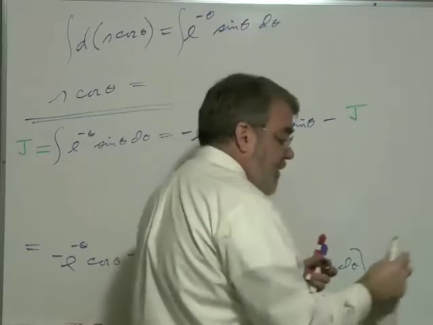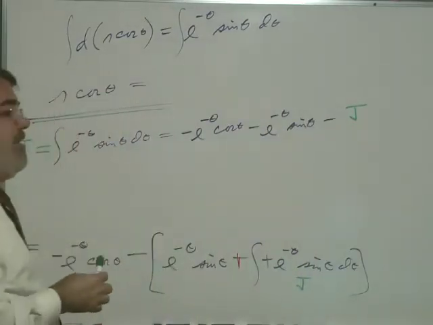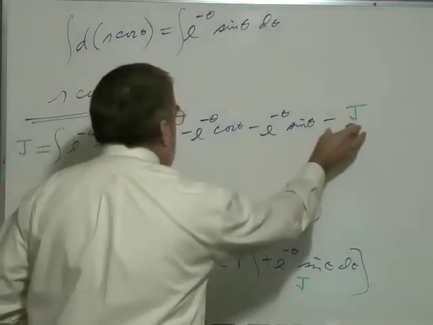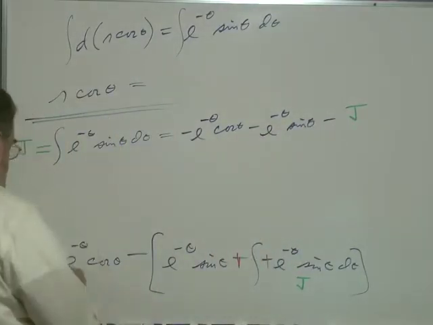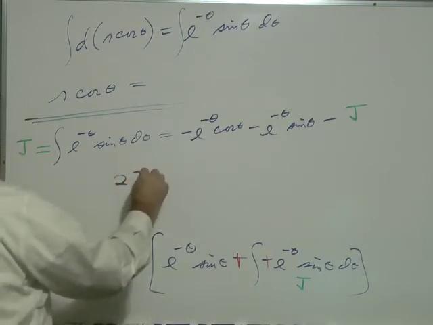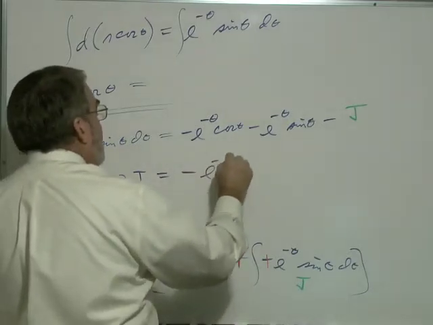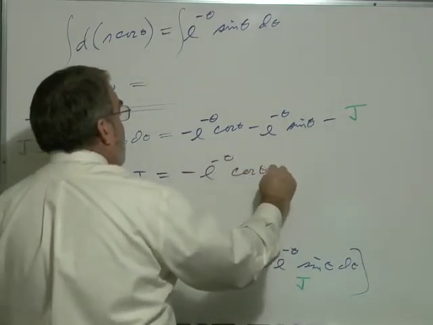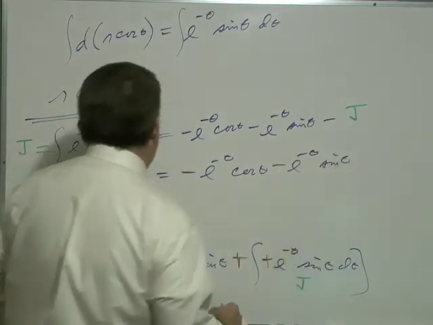Alright, so in order to solve for J, I'm going to add J to both sides. So that gives me 2J on the left side is equal to minus e to the negative theta cosine theta minus e to the minus theta sine theta.